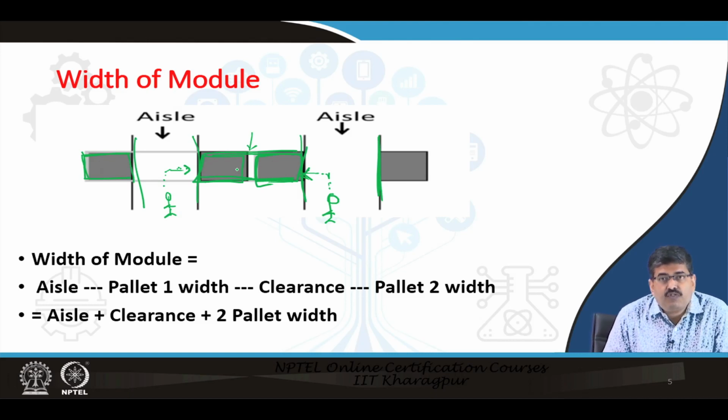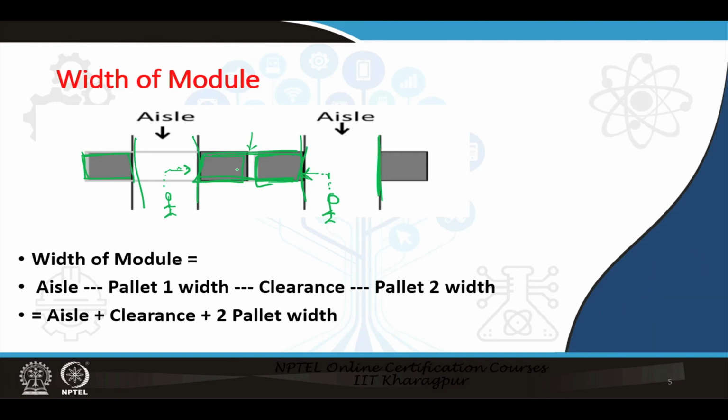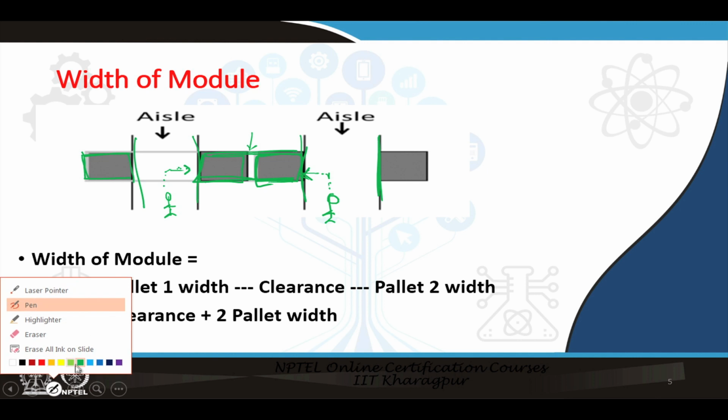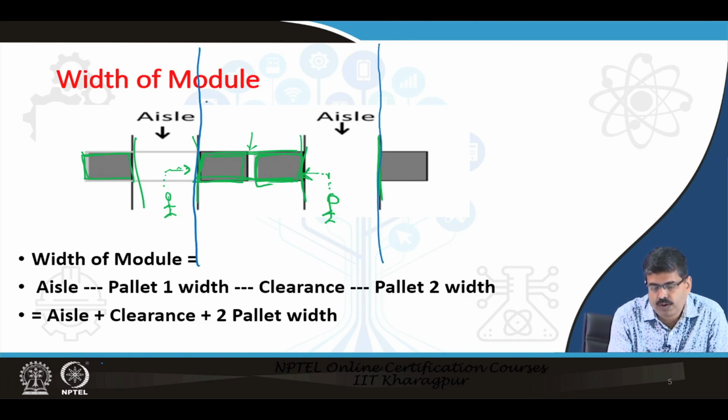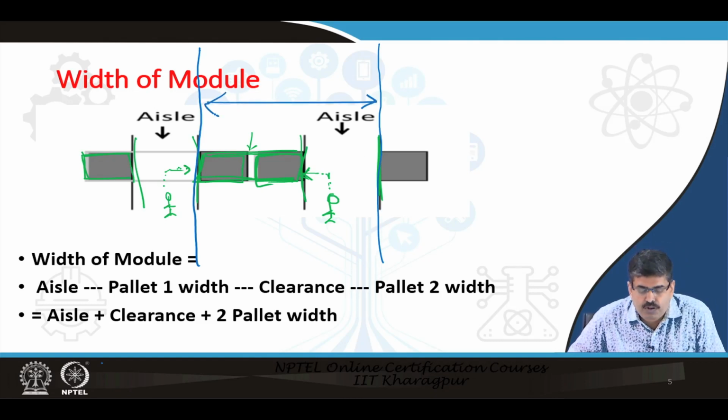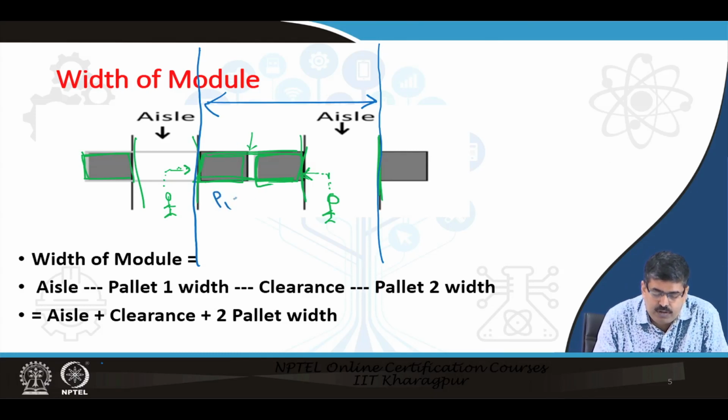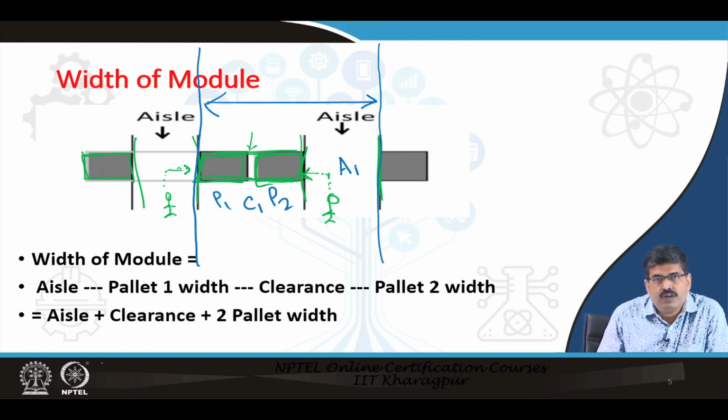So, what is the width of a module? The width of a module is basically pallet 1, clearance 1, clearance means the gap, pallet 2, aisle 1.